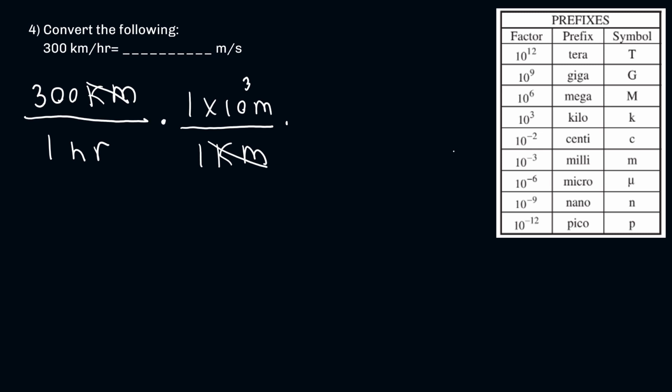So I want to go into minutes first and then go into seconds. So we're going to put it on top here again, hours, so 1 hour. We know that in 1 hour we have 60 minutes. So now we can cancel out our hours and we'll be in meters per minute, but we want meters per second. So let's do our final conversion.